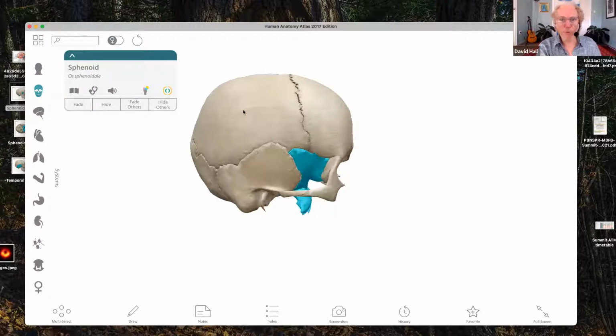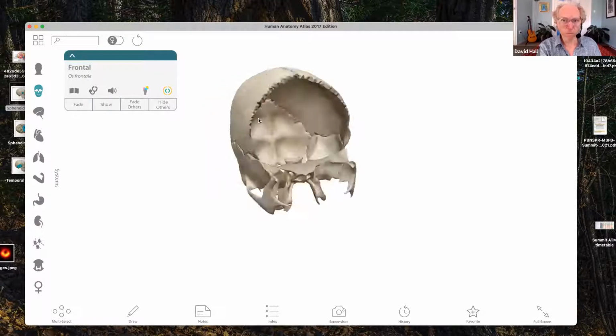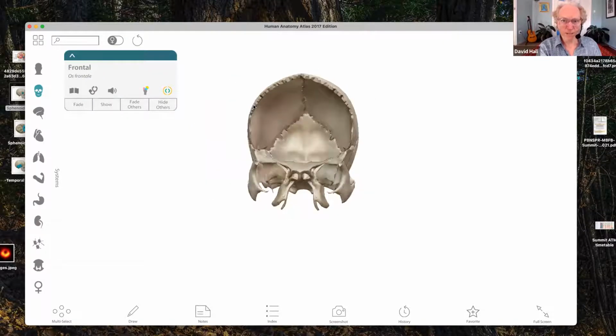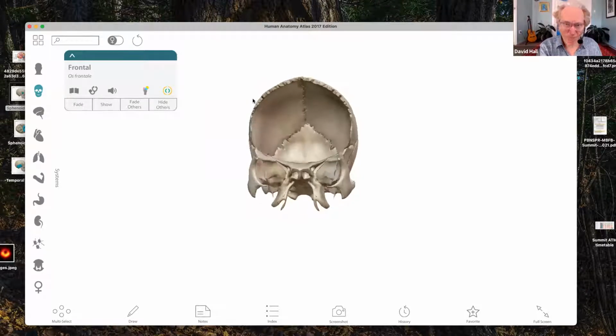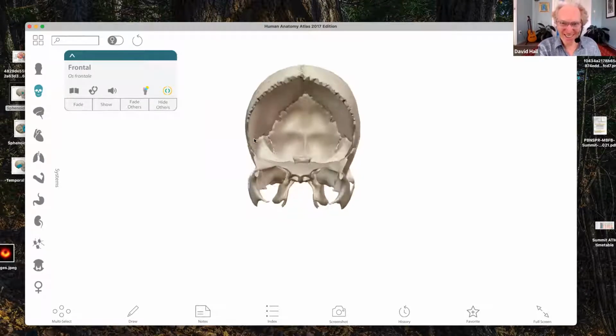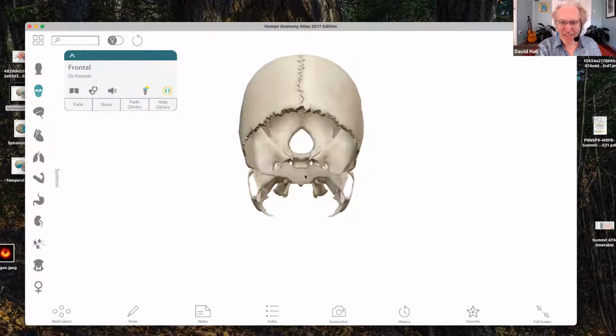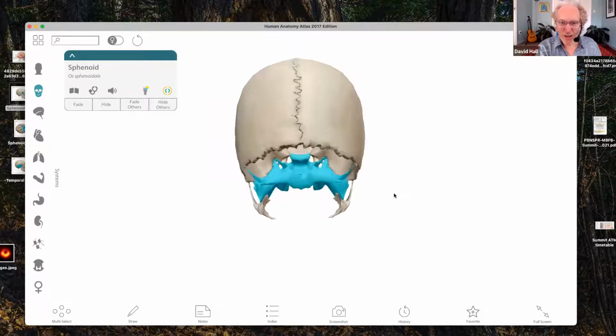And if we remove the frontal bone, we can get a sense of the amazing shape of this structure. And here's the sphenoid bone here. And note, it joins onto the temporal bones at the side there.